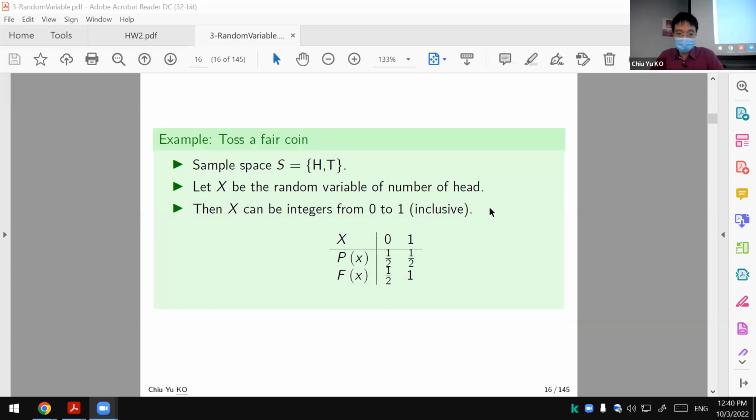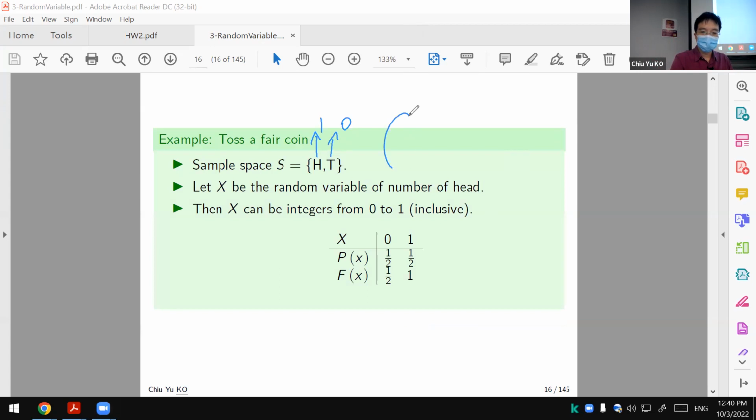We toss a coin with head or tail, and the number of heads is the random variable. To remind you again what we're doing here: we map this to 1, and this to 0.